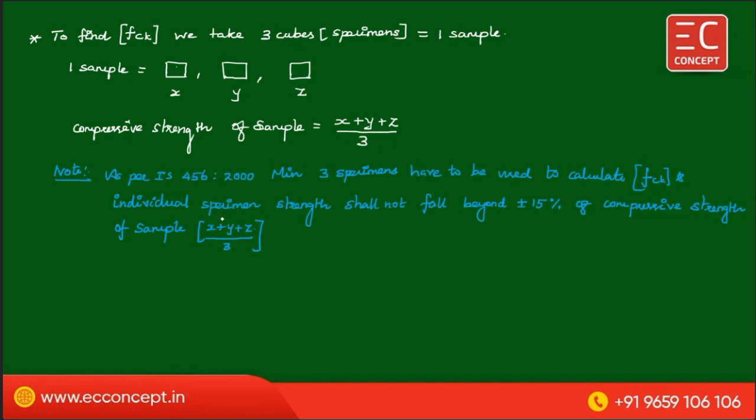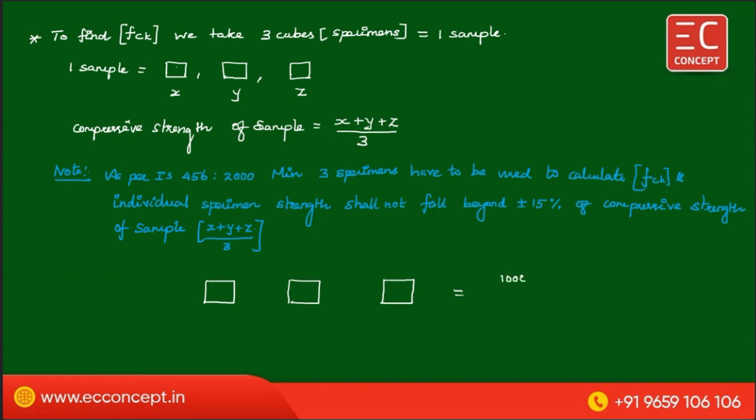What is the meaning? The code says, for example, the average of this strength, the sample strength, is for example 100.